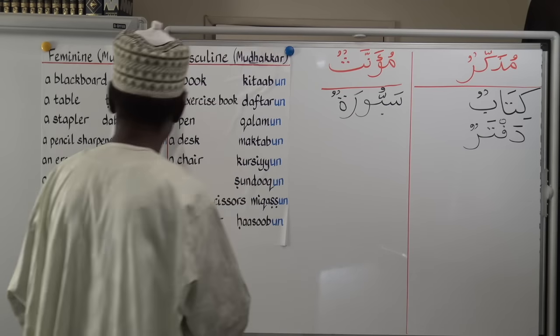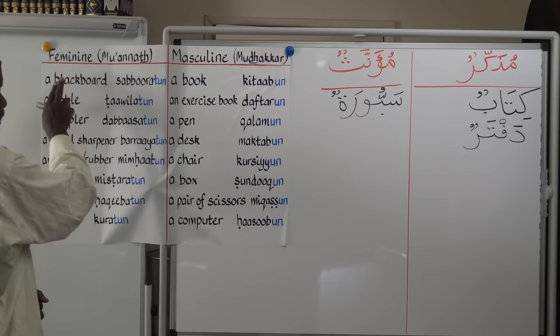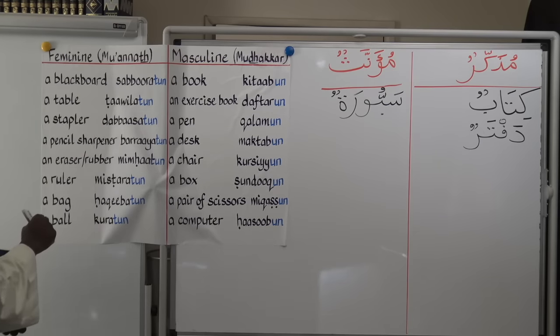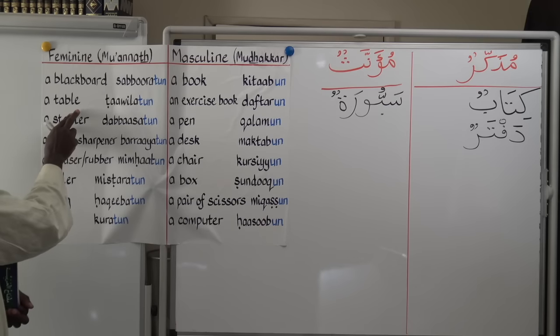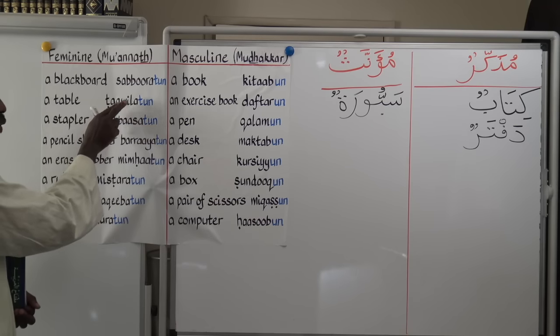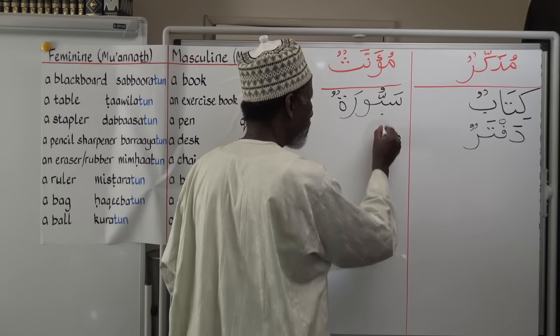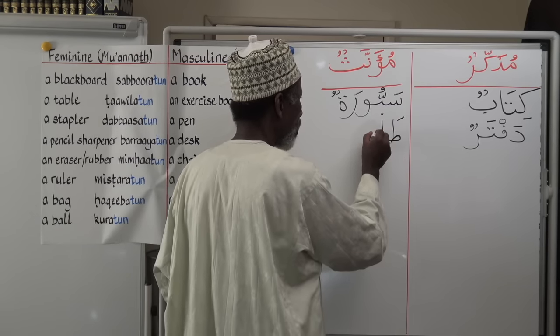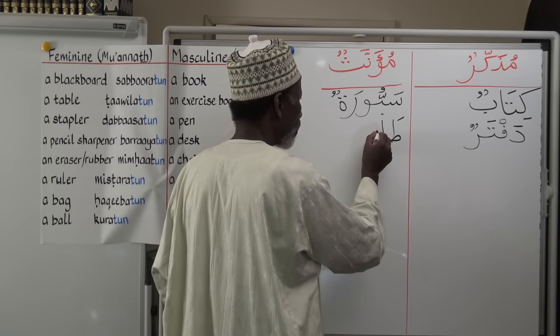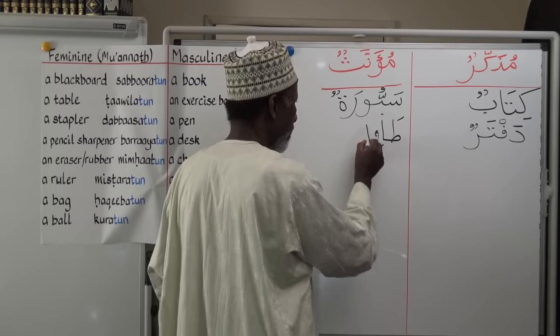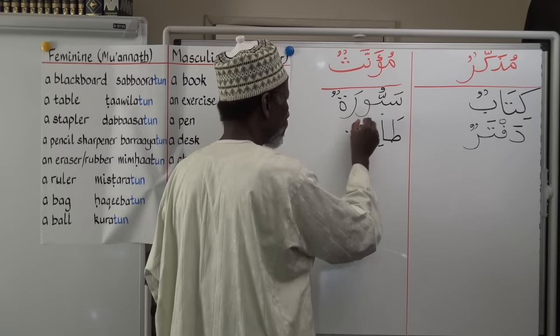And under the mu'annath section, feminine, the second word is tawilatun, a table.